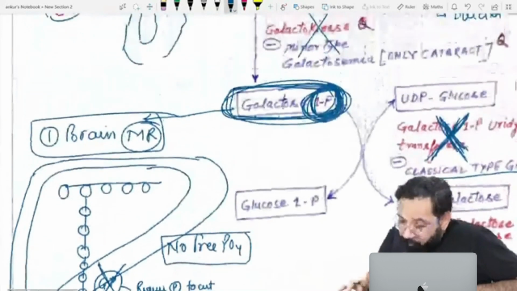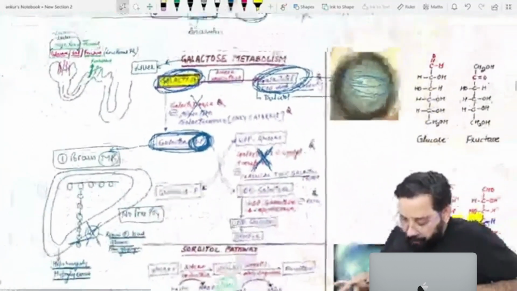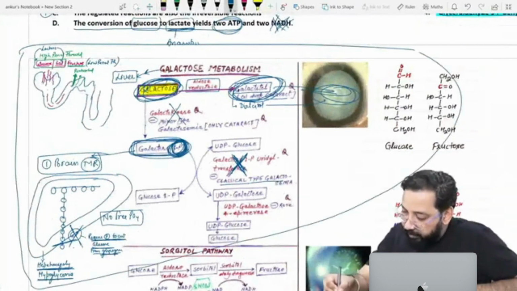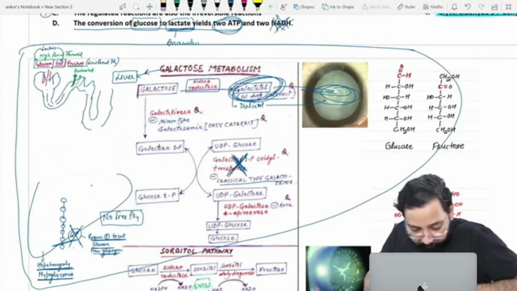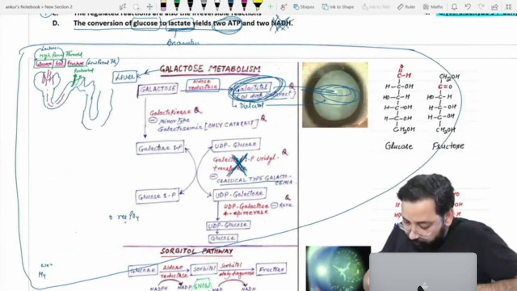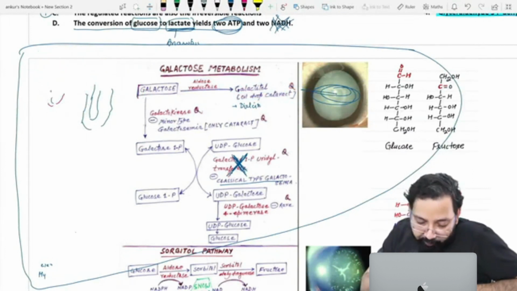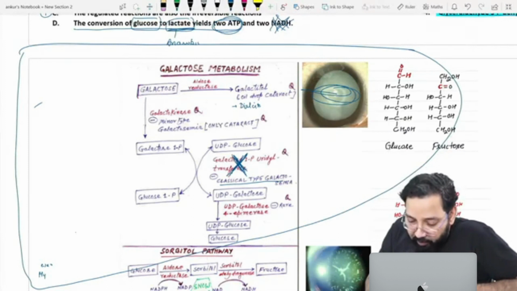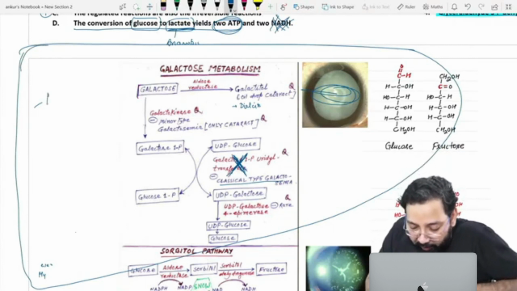Yes, no free phosphate means, suppose, so I make you understand. This is a liver cell. I remove everything for the time being to make you understand. In this liver cell, suppose 100 molecules of phosphate are there.